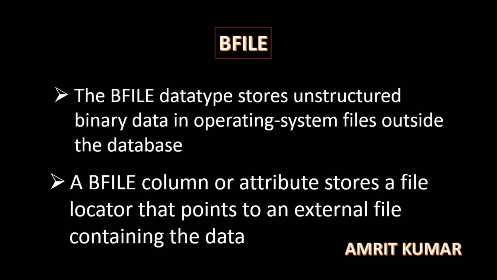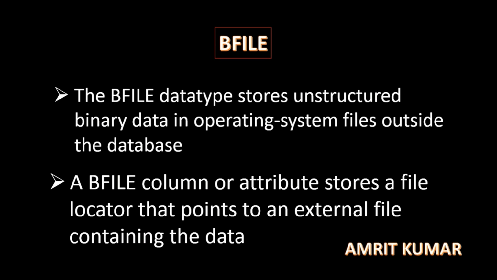The BFILE data type stores unstructured binary data in operating system files outside the database. So if I have to store unstructured binary data in the operating system and not in the database, then we will use the BFILE data type.